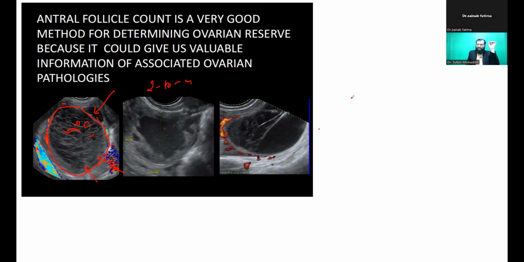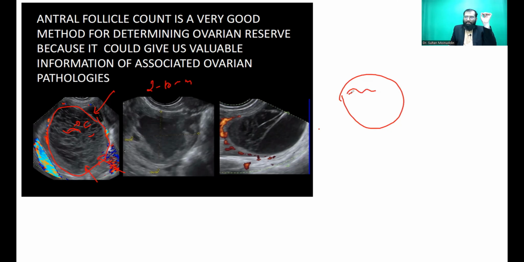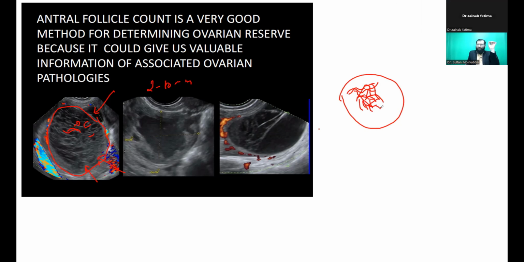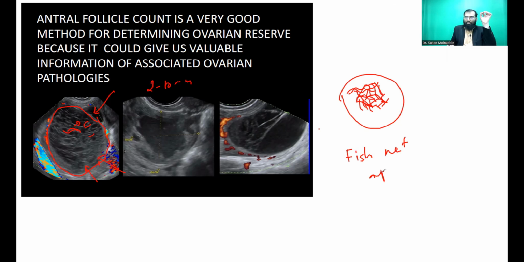So let me explain. Look carefully at this image. What is this appearance called? This is called the fish net appearance, like the net used to catch fishes.